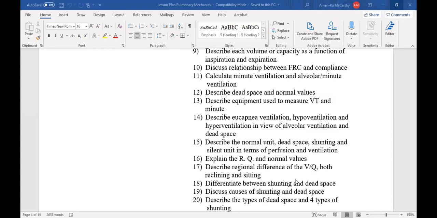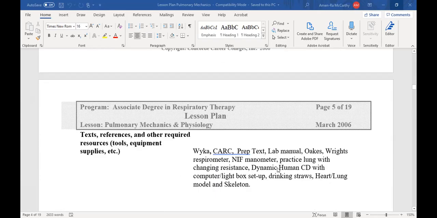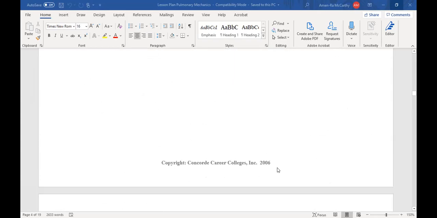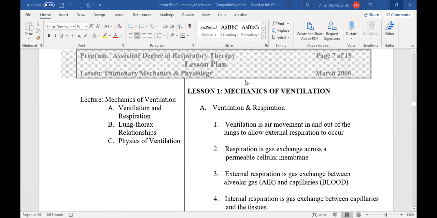Differentiate between shunting and dead space. You got to know the difference between those. And discuss causes of shunting and dead space, and describe the types of dead space and the 4 types of shunting. All right, let's have a 75 to pass this exam. All right, here we go.